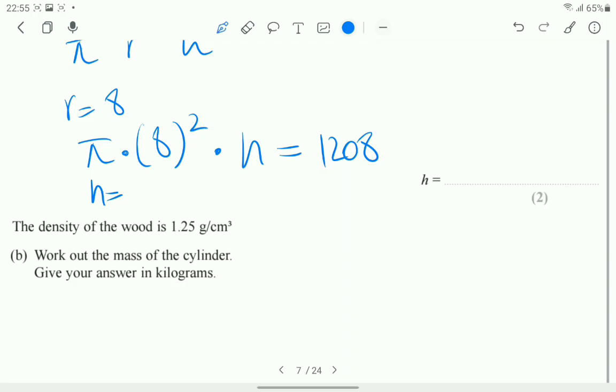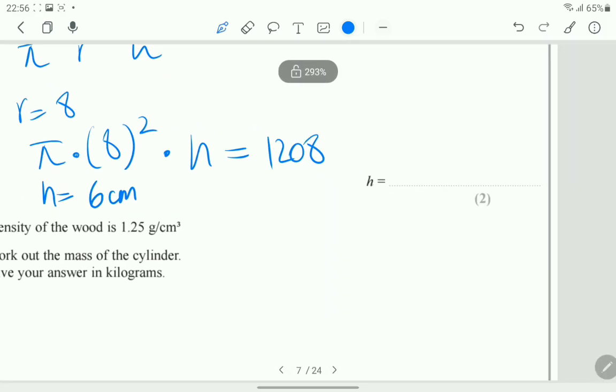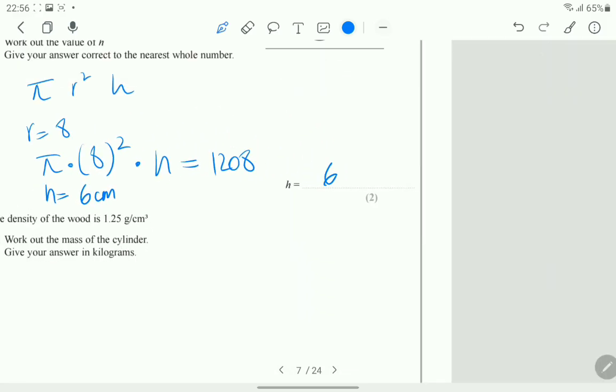If you don't know how to enter pi on your calculator, well, good luck, but on my calculator it's shift and the exponent button, and you get the answer 6 centimeters. Write your answer and you have 2 marks.